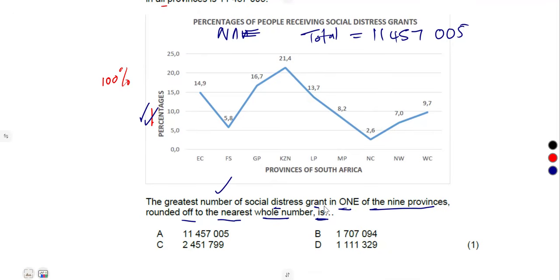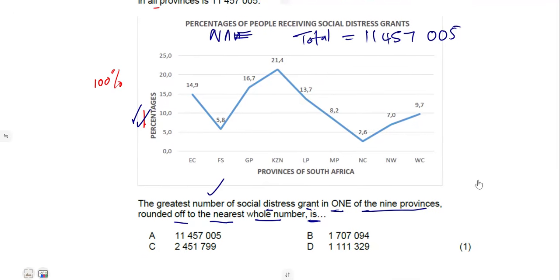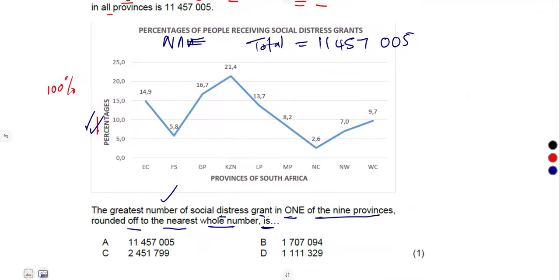So in this case, you just look into the graph. The graph started at 14.9%. Remember, these are percentages. Where is it the highest? The highest is at this point, the peak. Remember, whatever you see there, it is a percent.